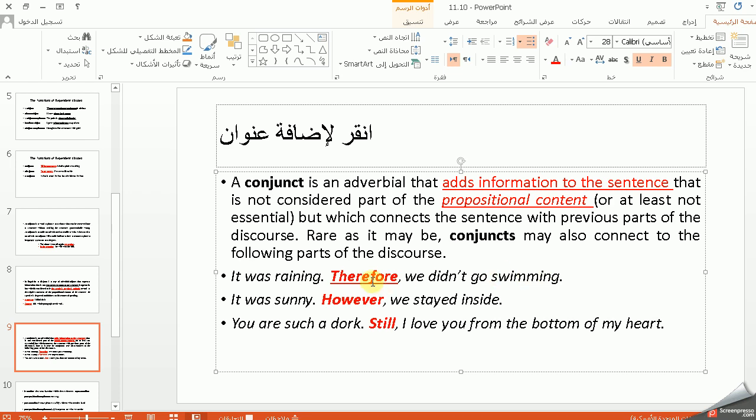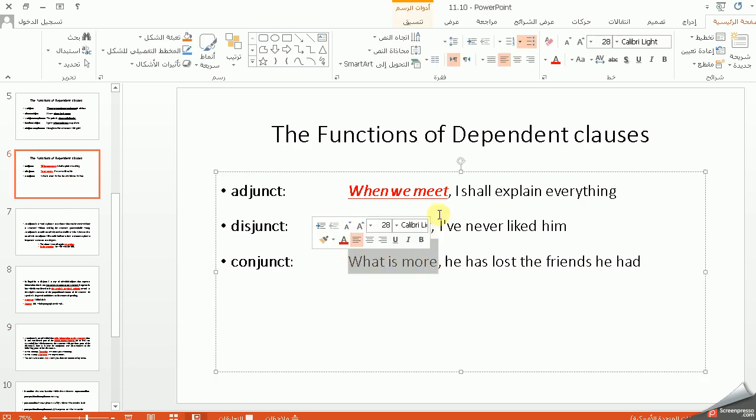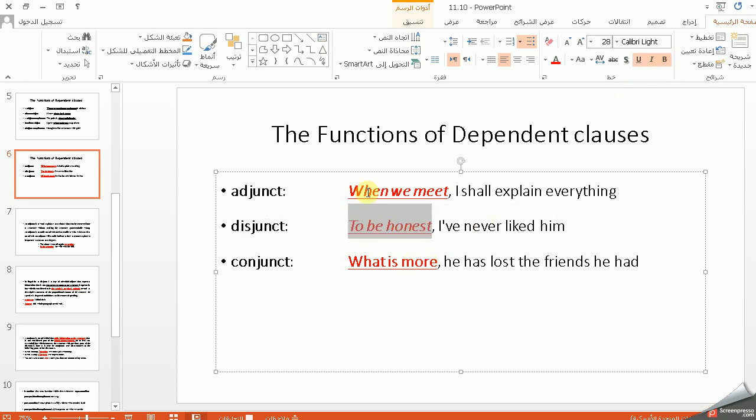If we delete therefore, it does not affect the semantic meaning of the sentence. Therefore it was sunny, however we stayed inside, it does not affect the sentence. Let us explain again: what is more, he has lost the friends he had, meaning he lost the friends he had. If we remove it from the sentence, it does not affect the meaning of the sentence.